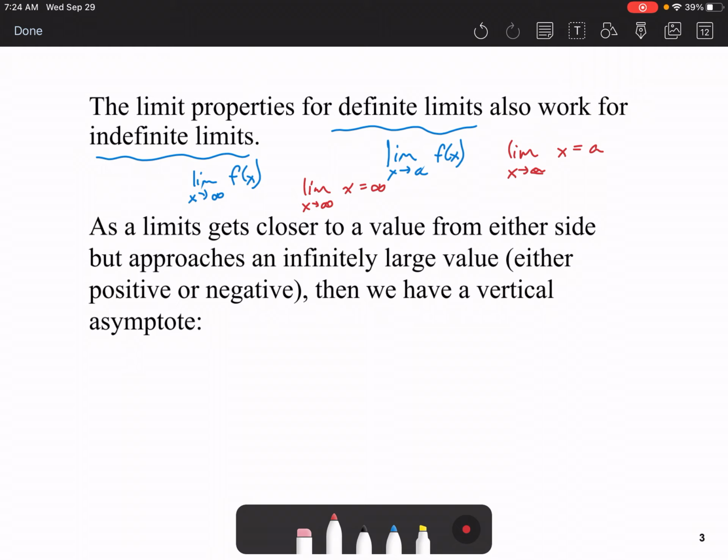Now, if we do approach infinity, we can actually list it as infinity, or we can also say it does not exist. So as a limit gets closer and closer to a value from either side, but approaches an infinitely large value, then we have a vertical asymptote.